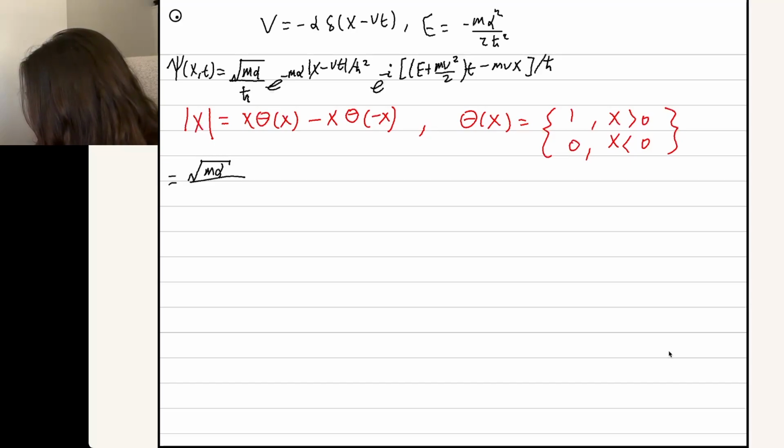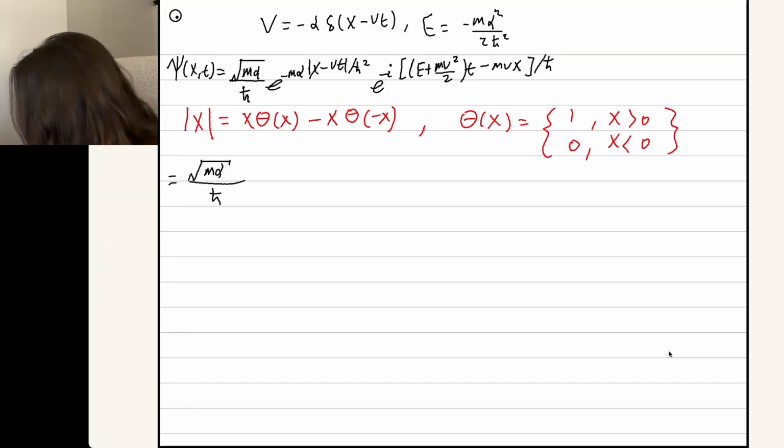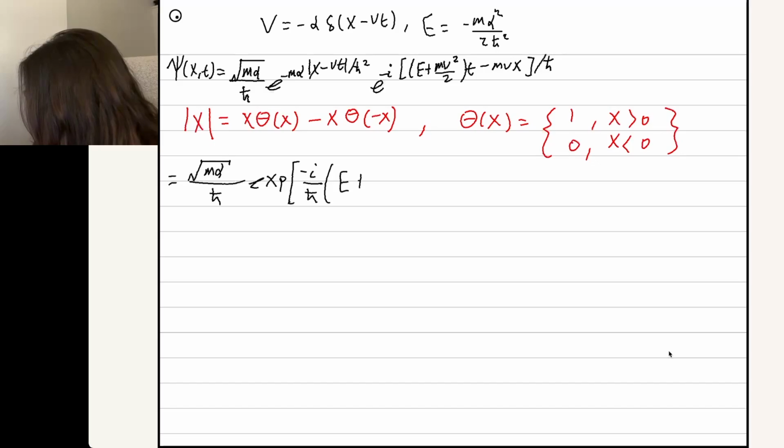over h bar, and we get to keep the exponent of the imaginary stuff that doesn't involve an absolute value function. But now I'm going to write it like this instead of how Griffiths wrote it. It's over 2, times t minus mvx.